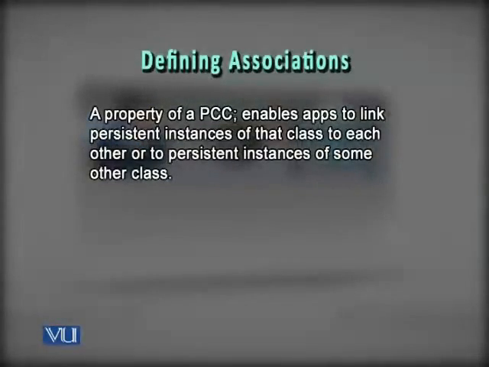So basically you can say that it establishes a link between two different objects, and those objects could be of the same class type or of different class types. So this link is established by the association.